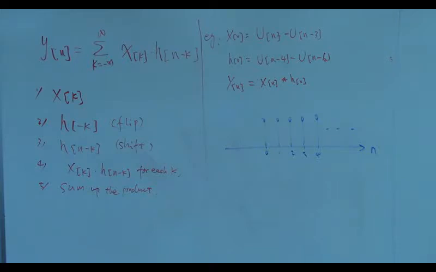So you have 3, right? So for 0, 1, and 2. All others, this is 1, but this one also has 1. You only have 0, 1, 2. So you have these 3 non-zero values. That is x[k], right?